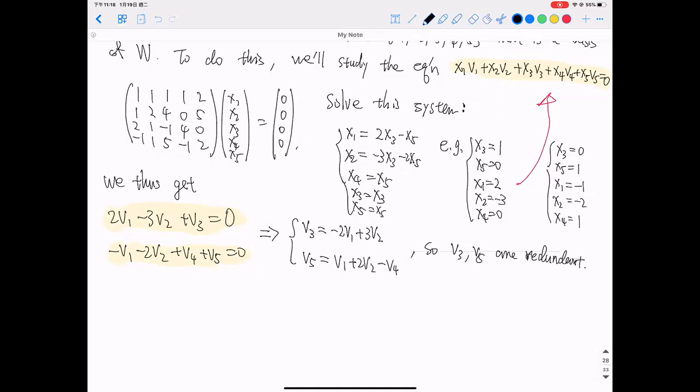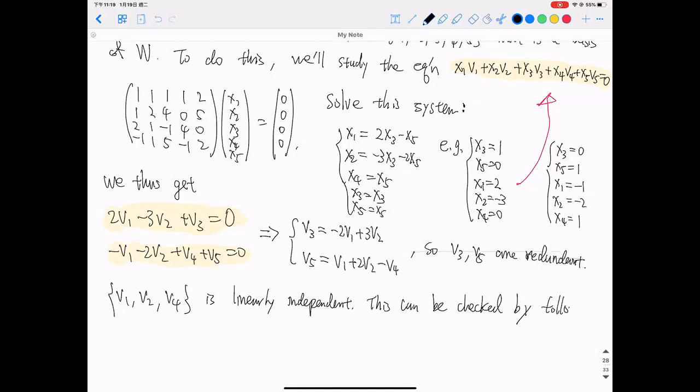Now we're left with v1, v2, and v4. And my claim is that this set is linearly independent. It's not meant to be immediately obvious, but you can check this by following the definition.